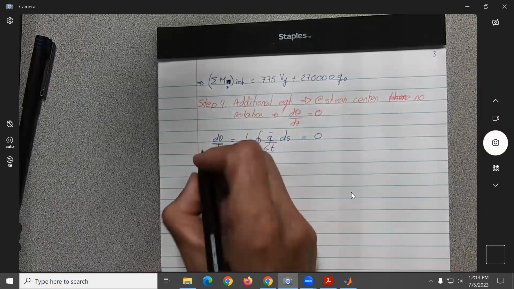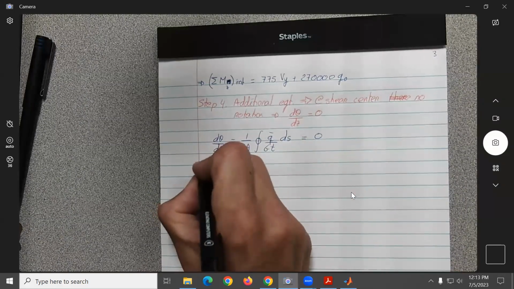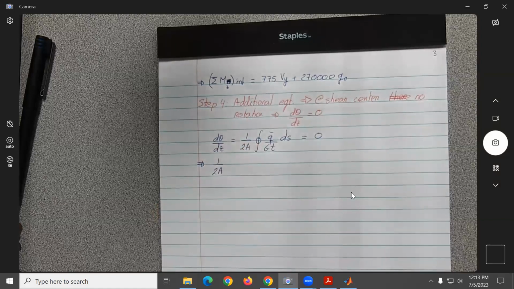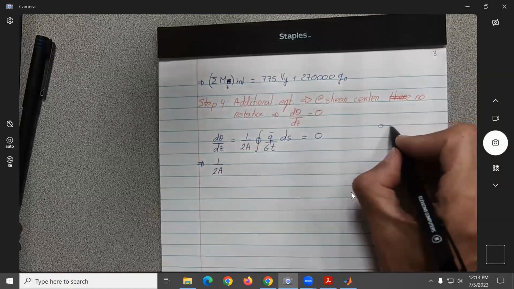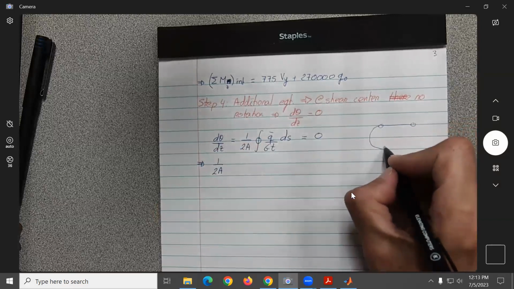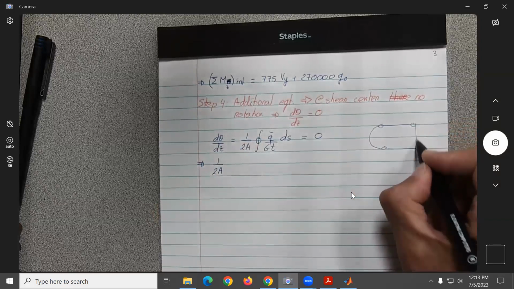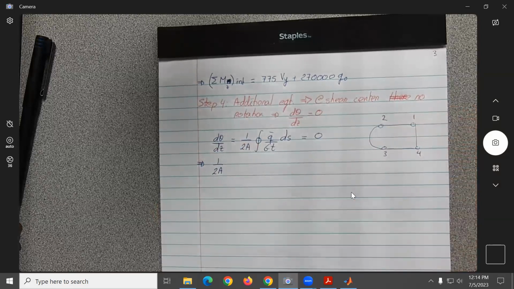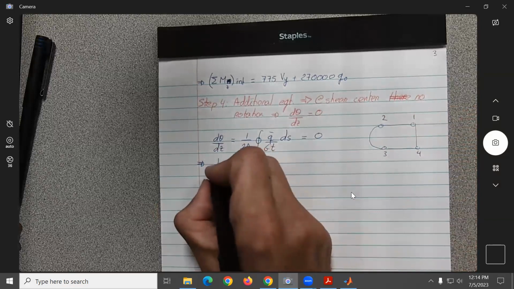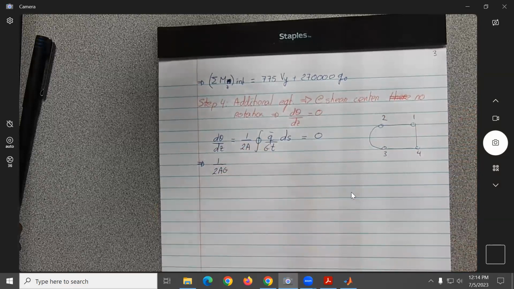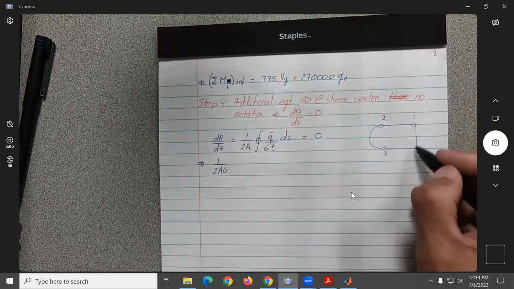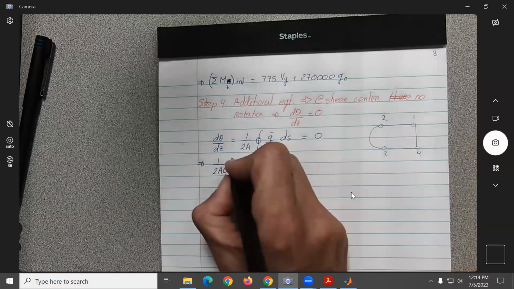Okay, so if we do this in detail, this will mean 1 over 2A, we go across the cross section again, another small figure here, 1, 2, 3, 4. 1 over 2AG will be the total area because G will be the same. A is the total area, no?